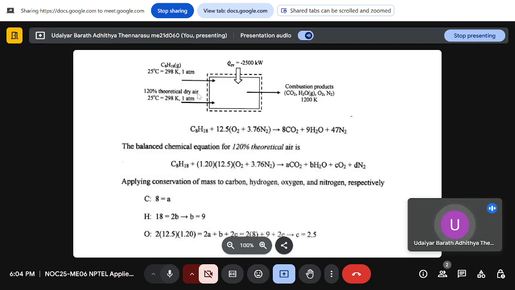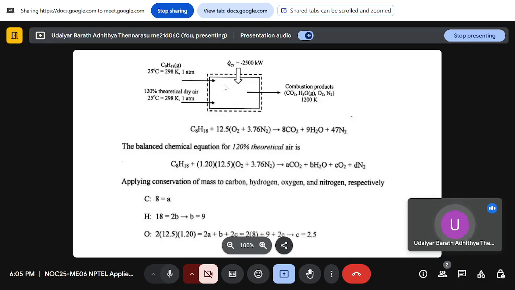So this is how the process looks. In the combustion chamber, you have octane coming in and then air coming in, and your product going out at 1200 Kelvin, and there's heat transfer of 2500 kilowatt to the surroundings, denoted by a minus sign.